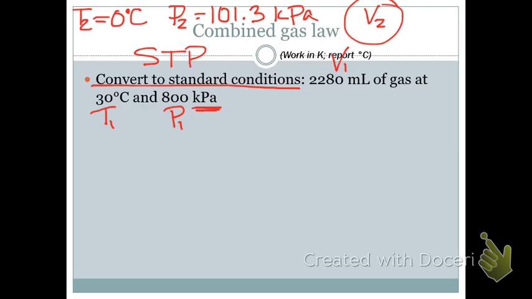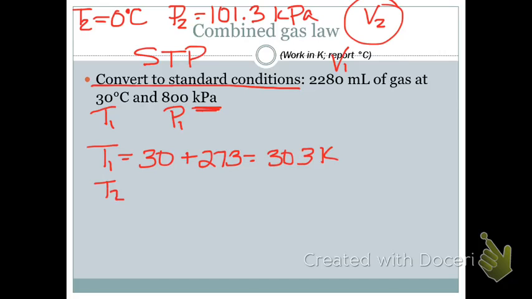The first thing I have to do is I have to fix my temperatures. So temperature T1 is 30 degrees Celsius. If I add 273, that is going to give me 303 Kelvin. And temperature 2 is at 0 degrees Celsius, and I add 273, that is going to give me 273 K. So now I know what my temperatures are.